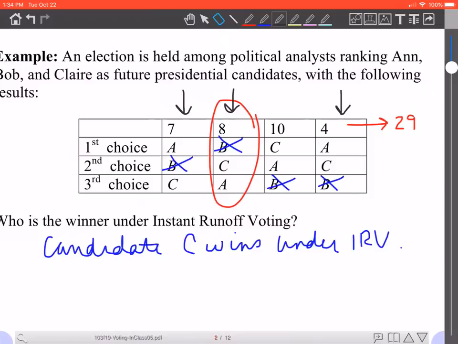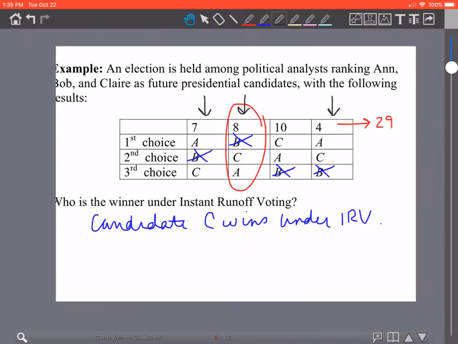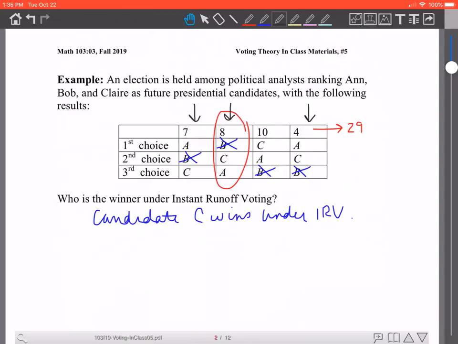They already have candidate C in first. So it's either going to be the voters in the first column, those 7 voters might change and rank C first and push everybody else down. Maybe the 8 voters in the second column might push C up to first and move B into second and A in third, and so on. So let's see what's going to happen in the revote.